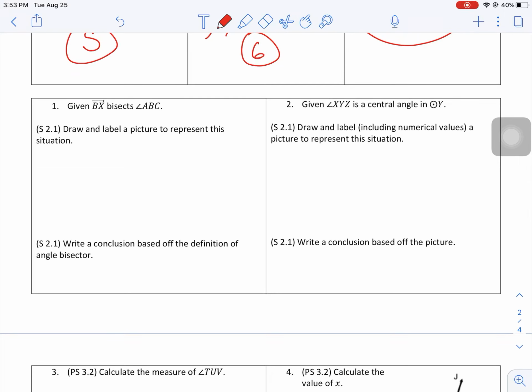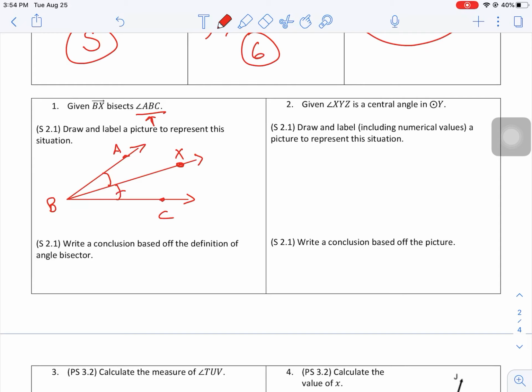All right, we just did bisection of an angle. It says draw and label the representation. So we have this angle, so let's draw it. And it's A, B is the vertex, C, and I know the vertex is the middle letter of the angle. And now BX bisects it. So let's do this. Okay. And we have to label it.